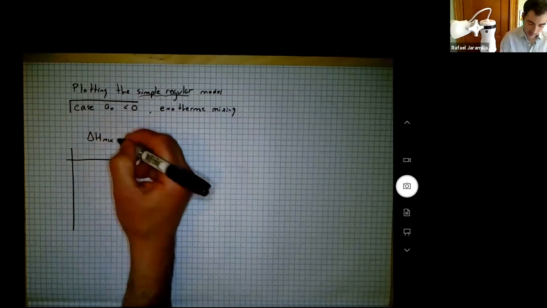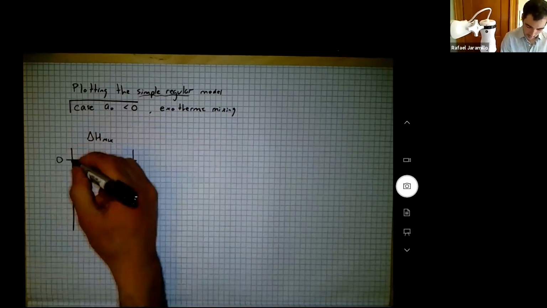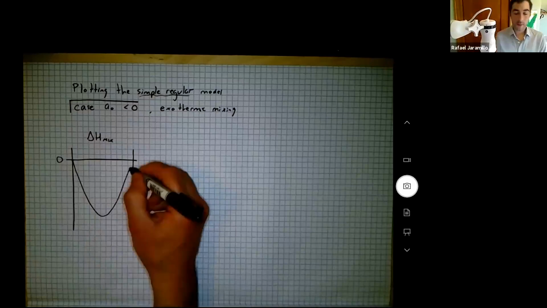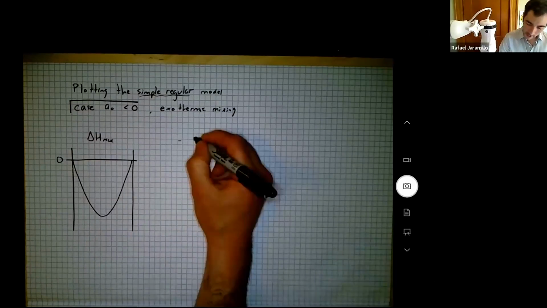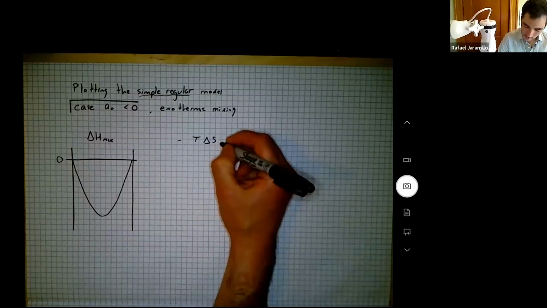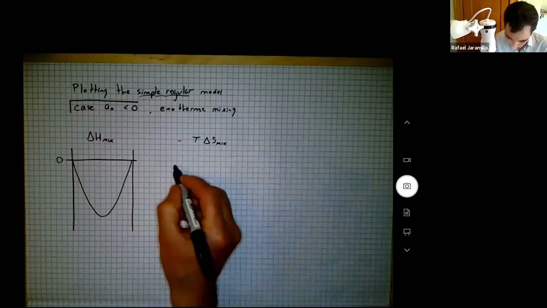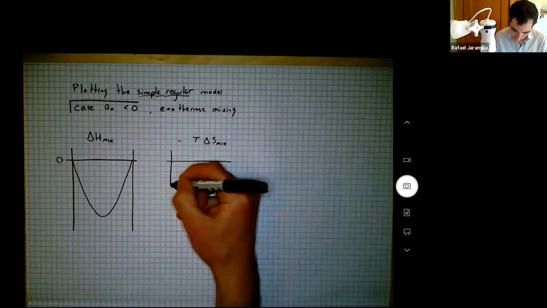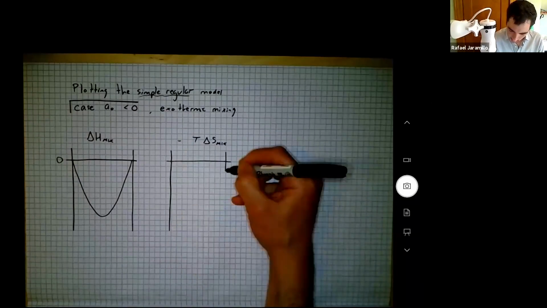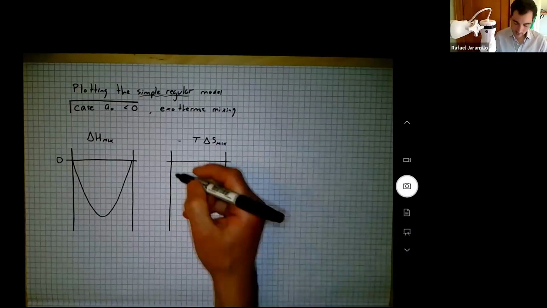Delta H mix is a parabola that's only negative. Okay. And we have T delta S mix. And we know what this is. This is the ideal solution model with those x log x things, and it's all negative. So this thing looks like the following.